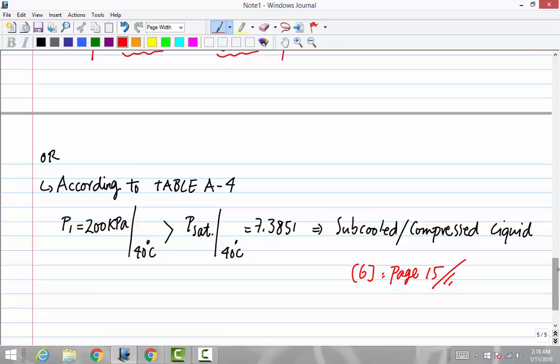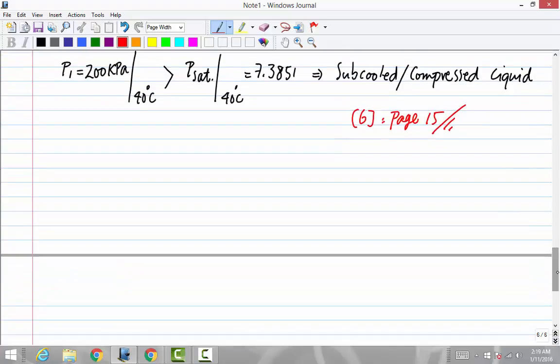So according to that page, we know that, therefore, now the properties that we were looking for: v1, little v1 equals vf at 40 degrees C, let me write this in red because it's important, not vf at 200 kPa.